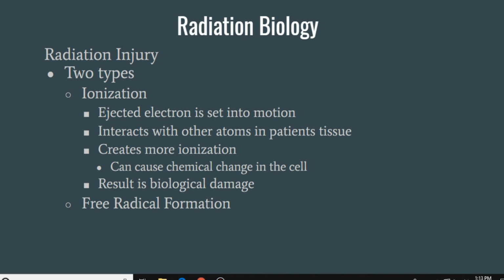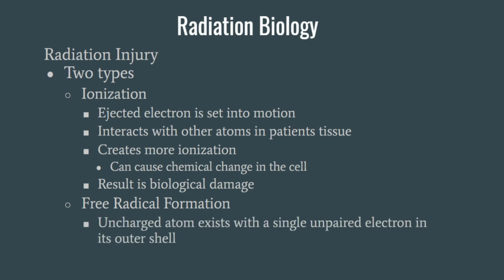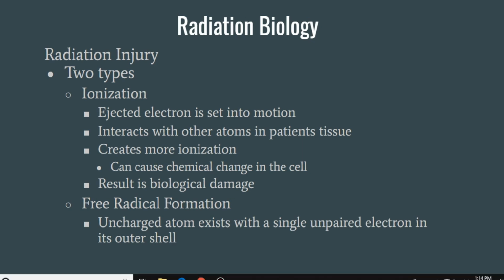So, what is a free radical? A free radical is an uncharged atom that exists with a single unpaired electron in its outer shell. So there is a neutral atom, uncharged meaning neutral, and on its outermost shell, because there are 7 shells, there is one single electron that also has no pair. This makes it highly reactive and very unstable.